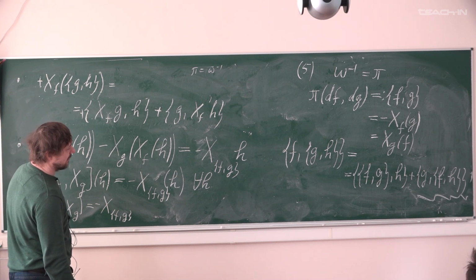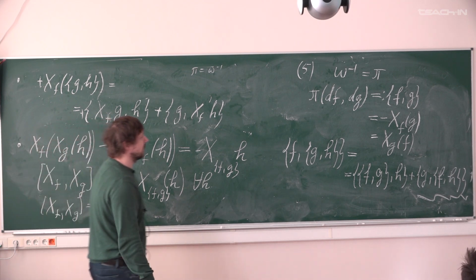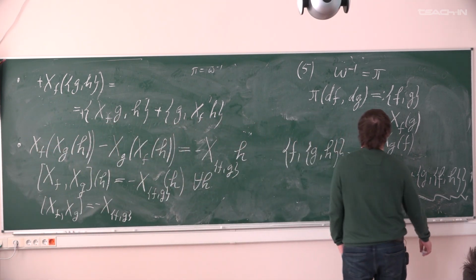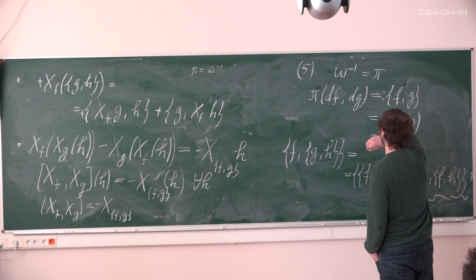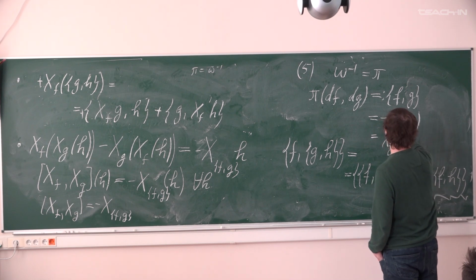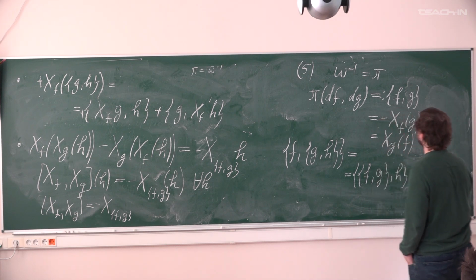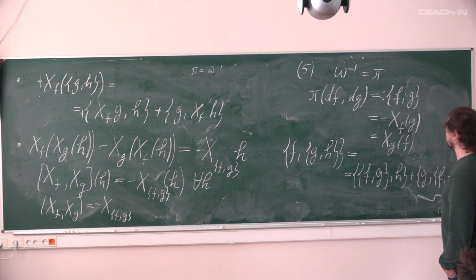Why do we have a minus X_{f,g}? Was it minus or plus? I don't remember it from last time. I guess it was plus. If it was plus, it would be better.